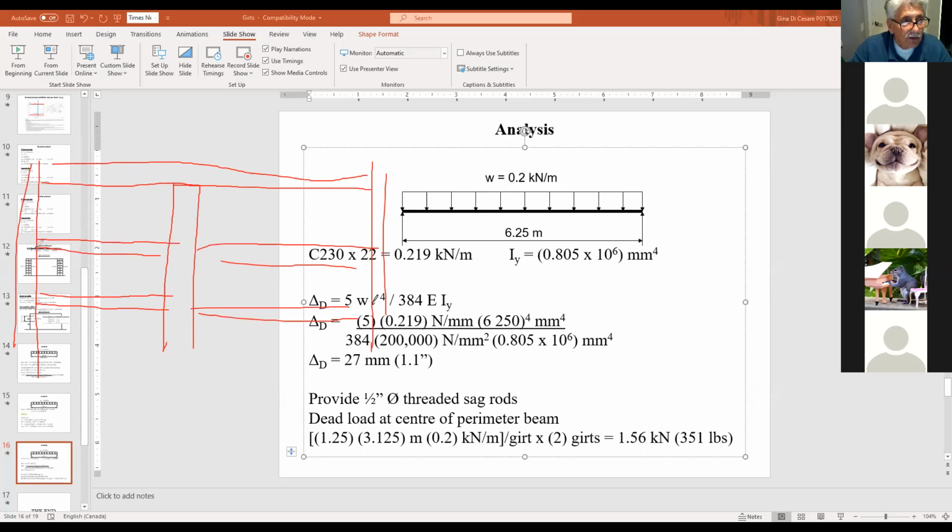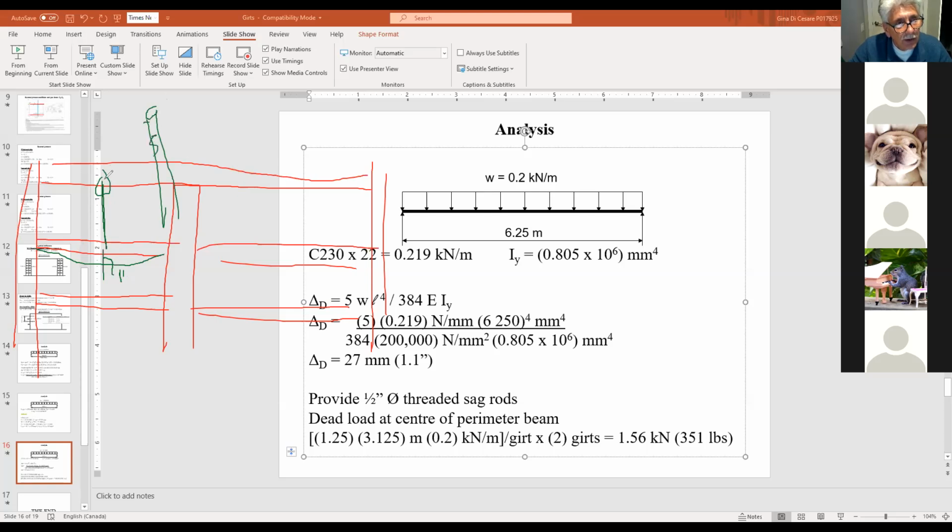So these girts are going to sag under their own weight, about 1 inch, a little bit more than 1 inch. To prevent the sagging and keep them straight, you put in sag rods attached to the beam up here. These are just 1/2 inch diameter rods, most likely threaded all the way through.